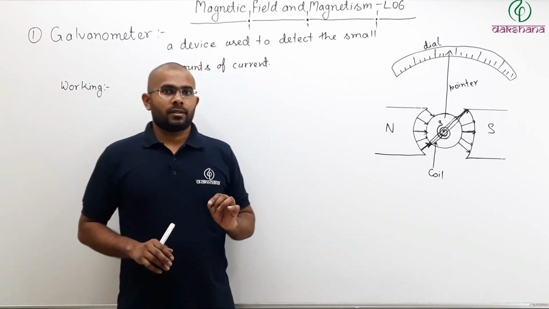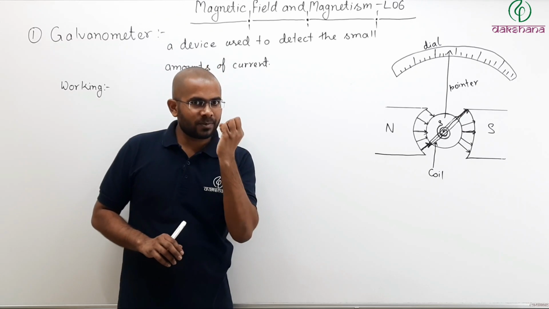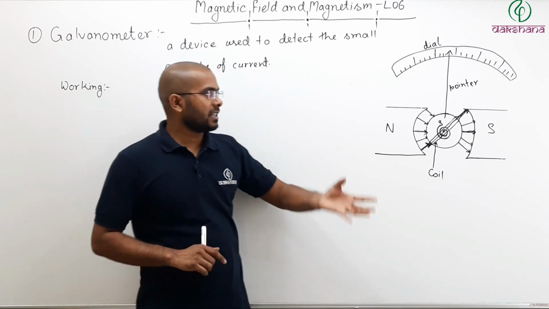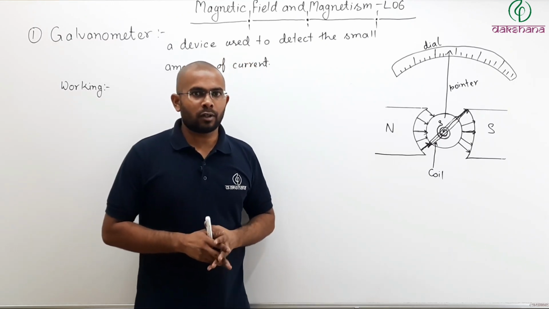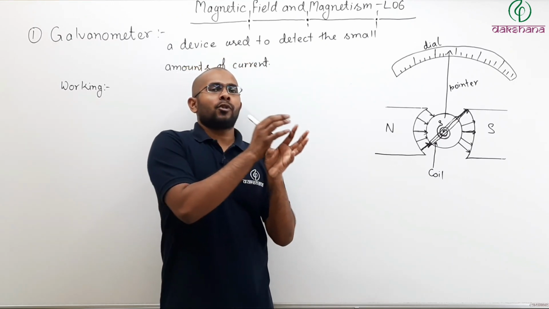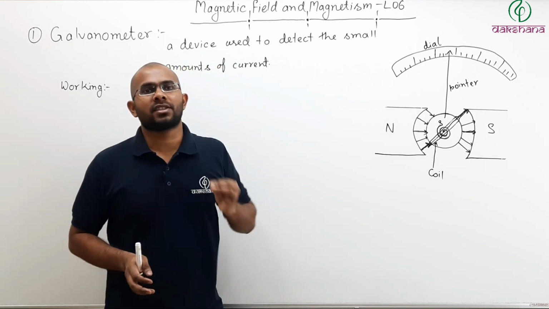Now what happens? When the coil experiences a torque and the spring tries to oppose that torque, then what will happen? There will come a point when these two opposing torques will balance each other.